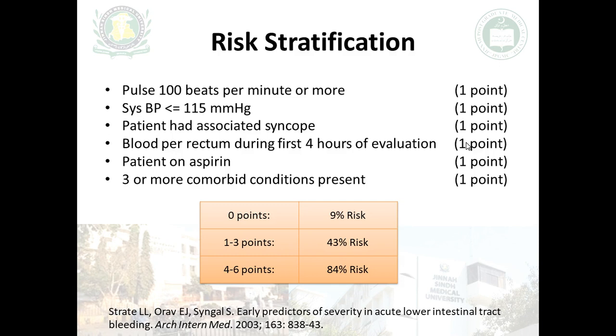You will have to calculate the points, every condition has 1 point. If points are more than 6, or 4 to 6, this is a high risk patient. There are more chances that there will be a severe disease. So do the risk stratification.